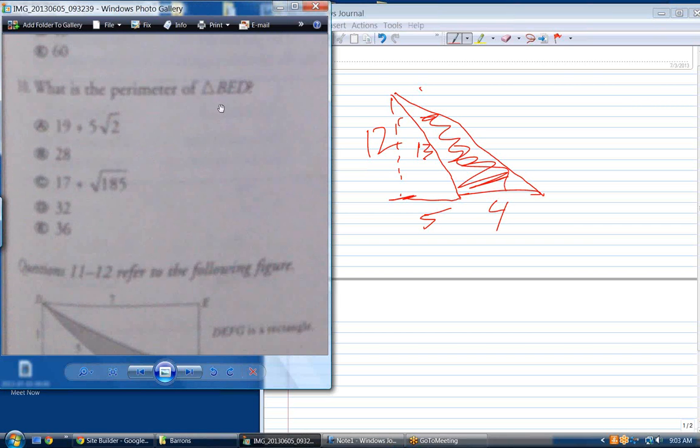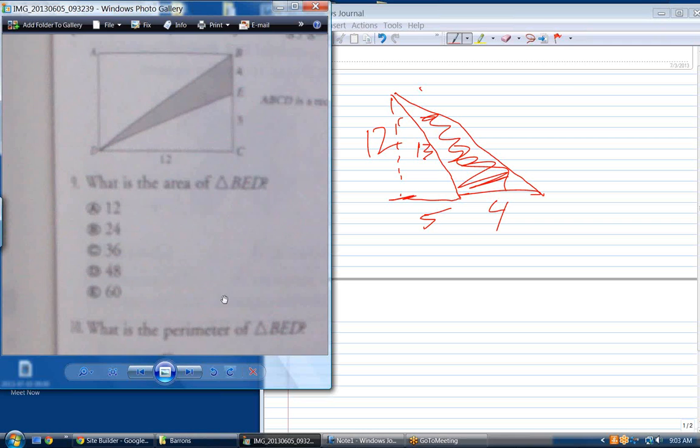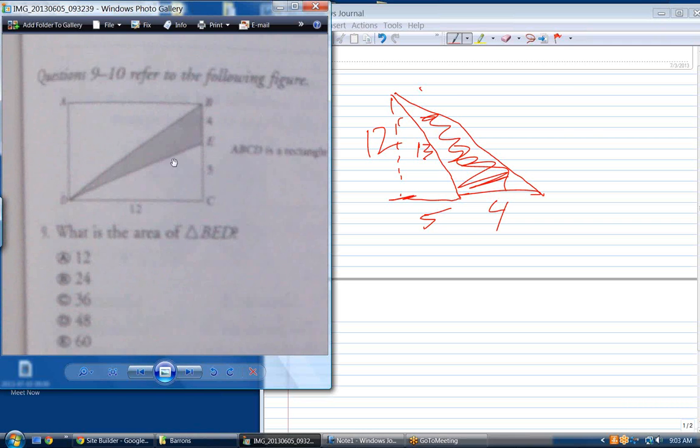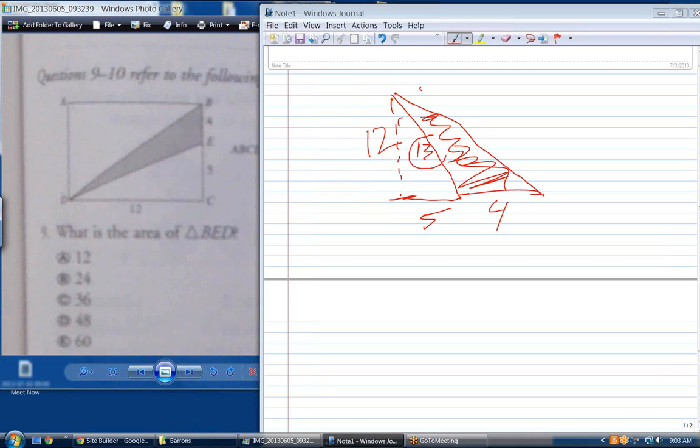What is the perimeter of BED? So now we not only need this 13, but we need this dimension over there, in other words, line BD.